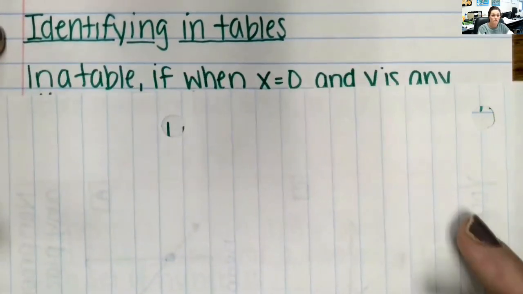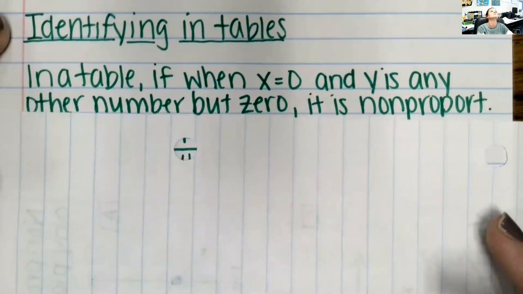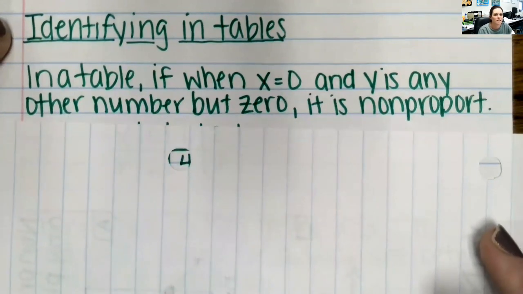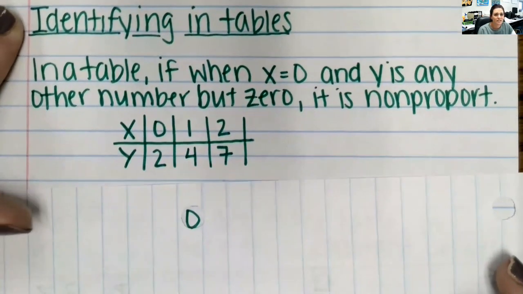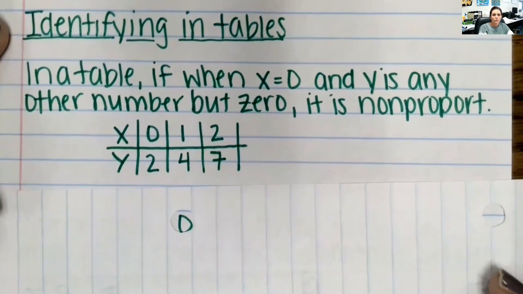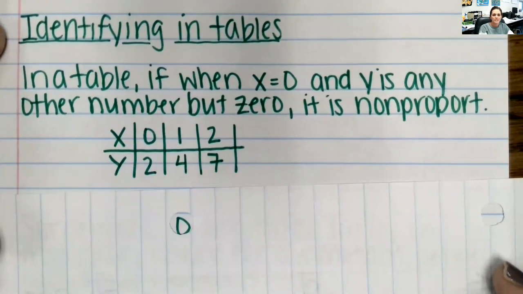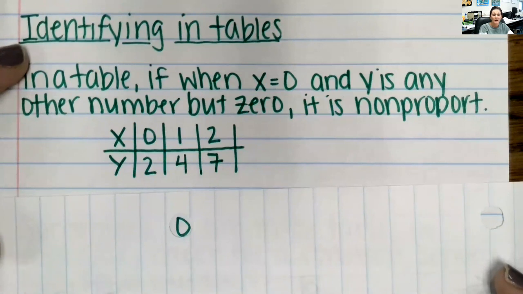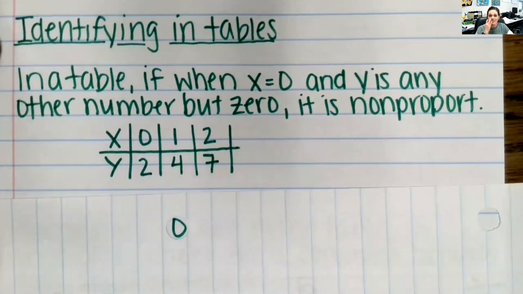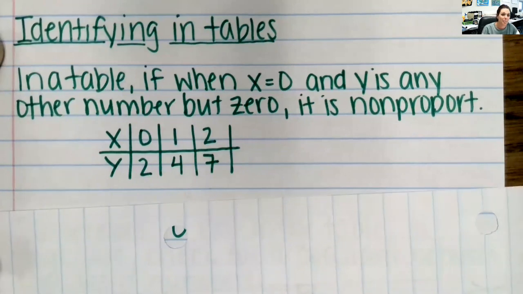So identifying in tables. This is the last part of our notes for those of you sitting there going, oh, is this done yet? All right. So let's go ahead and write in a table, if X is 0 and Y is another number. What did I write? Holy moly. I was listening to music when I wrote this. Apparently, I cannot write and listen to music at the same time.